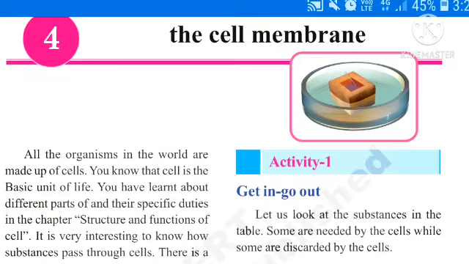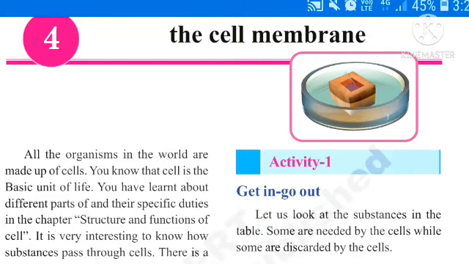So actually, the cell membrane is the outermost layer, an extremely delicate, elastic, and membranous covering of the cell that separates its contents from the external environment, and it is called the cell membrane or plasma membrane. This cell membrane is also called a living flexible membrane.